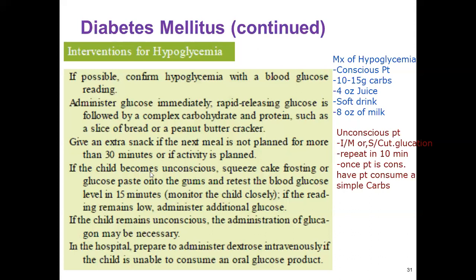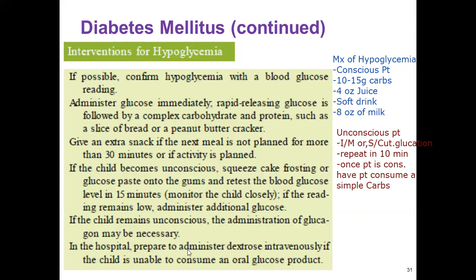If the child becomes unconscious, place glucose paste onto the gum and retest the blood glucose level. We check the blood glucose in 15 minutes. If the reading is still low, we administer additional glucose. If the child remains unconscious, the administration of glucagon may be necessary.